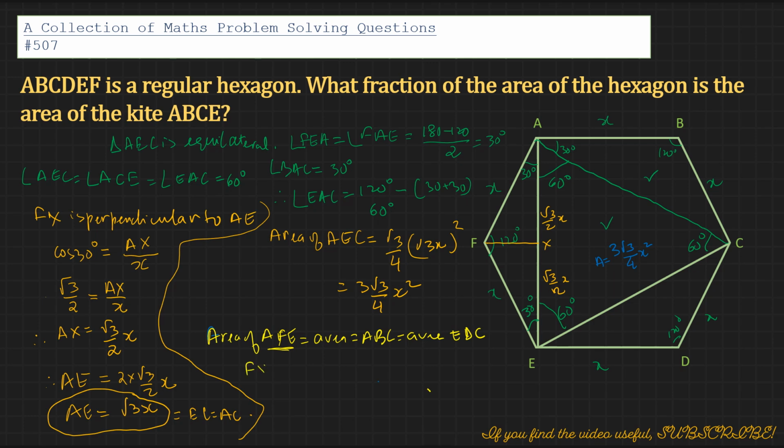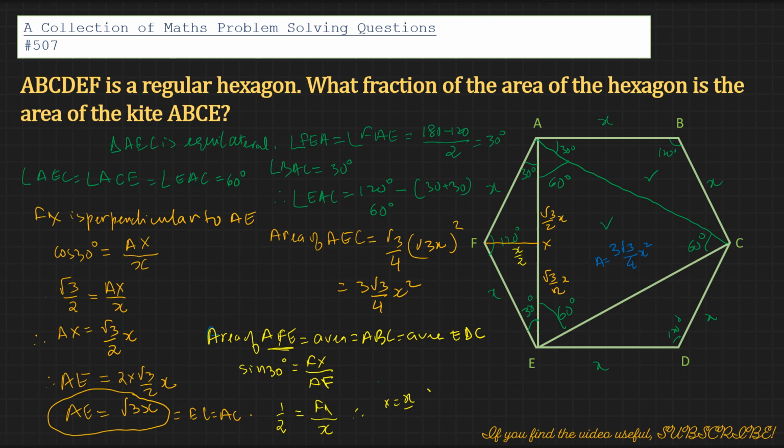Now FX, if you were to do, instead of cos 30, sine 30, we would get that. So we can write that sine 30 degrees equals FX out of AF, and sine 30 is half. AF is x, and therefore FX is x out of 2.